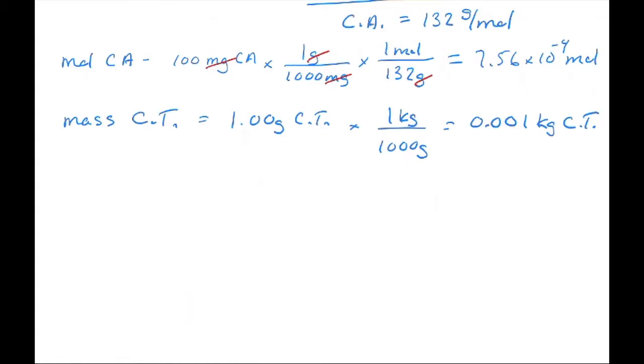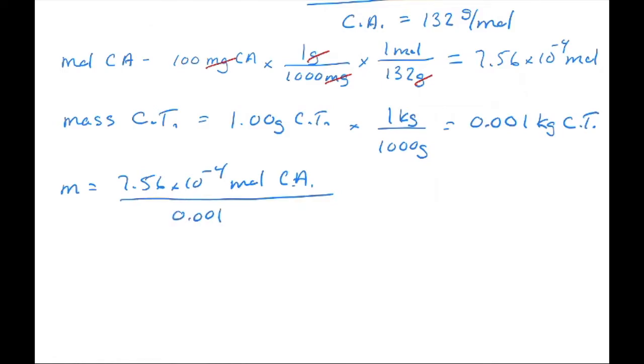Okay, so now we have moles of cinnamaldehyde and the mass of the solvent. We can figure out the molality of the cinnamaldehyde. So molality is going to equal 7.56 times 10 to the minus 4 moles of cinnamaldehyde per 0.001 kilograms of carbon tetrachloride, and that's going to be 0.756 molal. Okay, so now we have all the information we need to figure out the boiling point elevation.